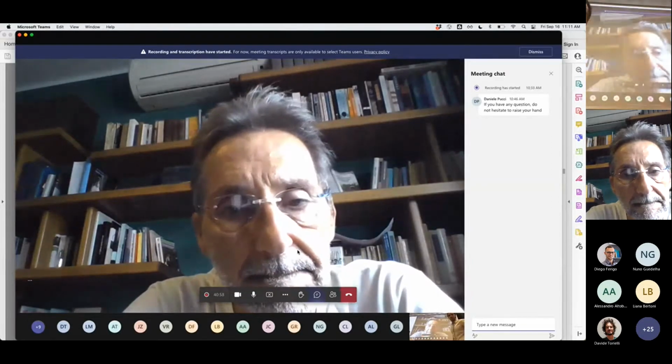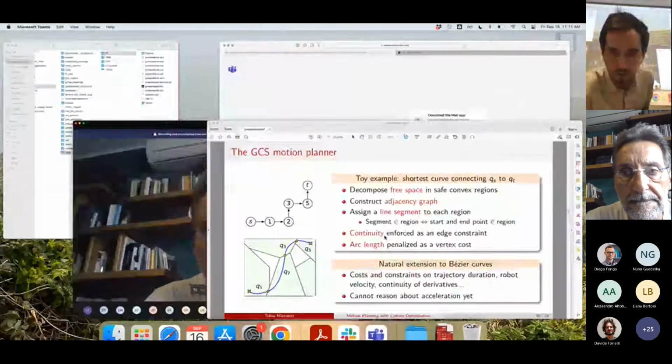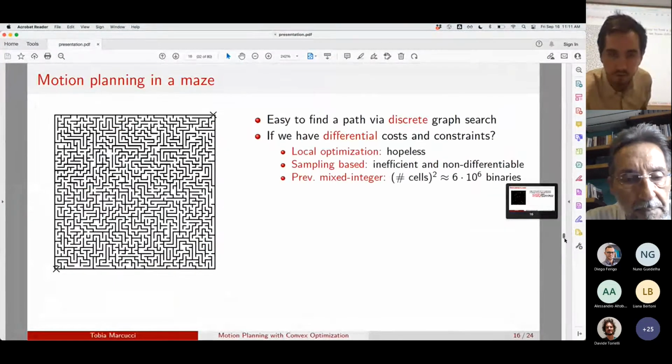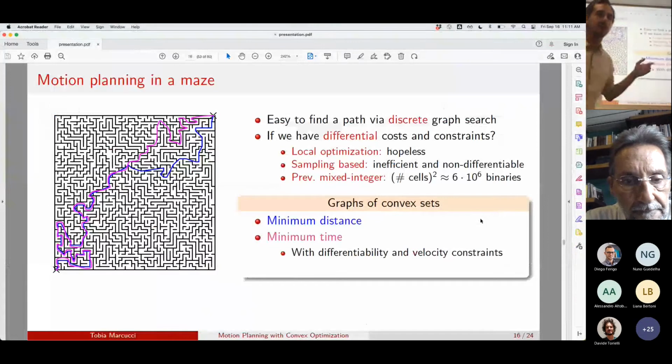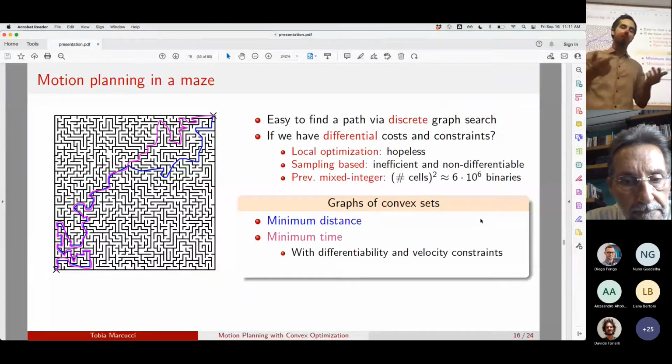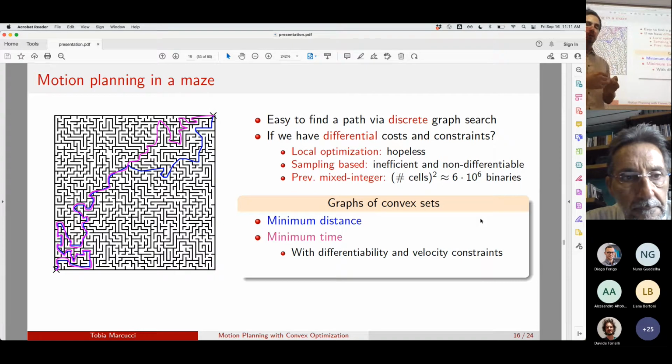It's a very good point. Let me go back to, and maybe the answer will not be completely satisfactory, in the sense that what I meant here is that a posteriori, when we have a trajectory, we can certify that it is globally optimal, because we solve the convex relaxation that gives us a lower bound on the optimal cost.